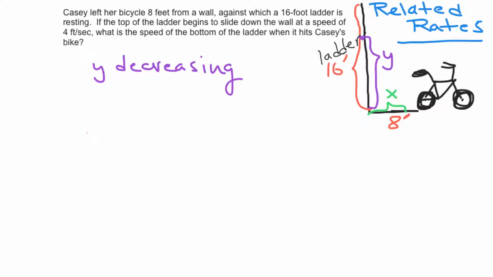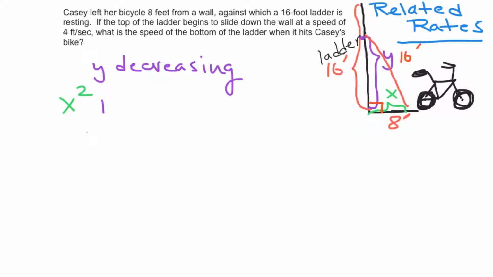Well, the one thing that's true is that we actually have a right triangle here, right? And the hypotenuse of that right triangle, although this may not look like it's to scale, will always be the length of the ladder, which is 16 feet. So we can actually use the Pythagorean theorem, which tells us that the sum of the squares of the legs of a right triangle is equal to the square of the hypotenuse.